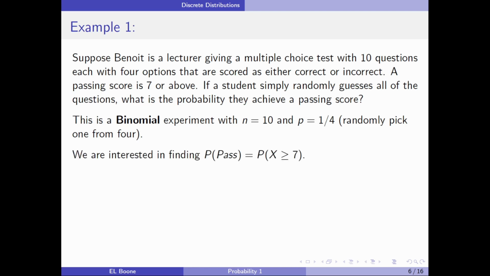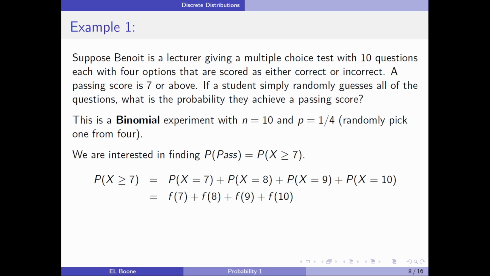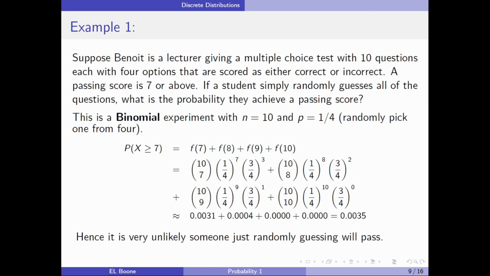All right, and we're interested in whether they pass. So notice it's not just they get a score of 7, it's 7 or above. So this corresponds to the probability that we're at least 7: the probability we're equal to 7, plus the probability we're equal to 8, equal to 9, and equal to 10, and we add those together. We can use our density function that we played with so far, plug all the numbers in, and this is what it begins to look like. And wow, this gets more complicated as we go along.